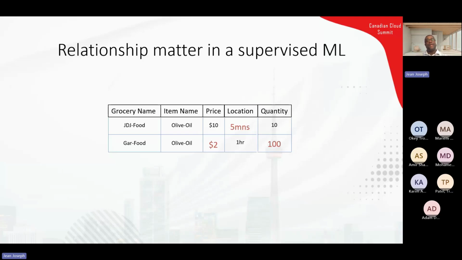But if the features are irrelevant or noisy, the model struggles to learn anything useful. So understanding, selecting, and sometimes engineering the right features is a critical step in any supervised machine learning.